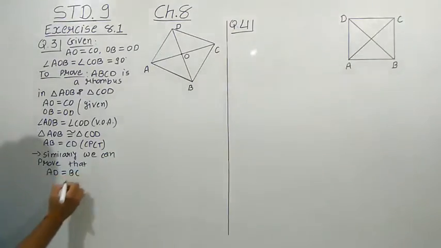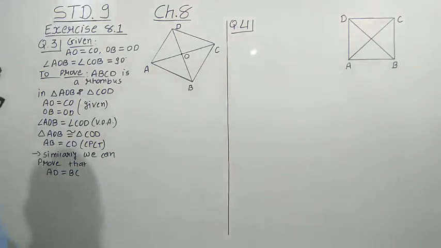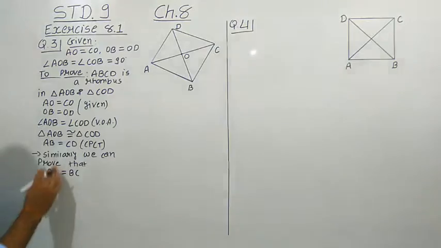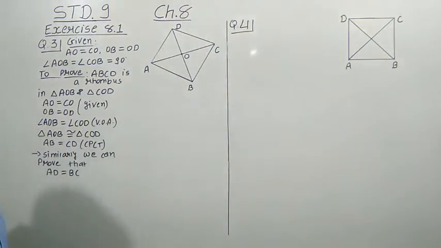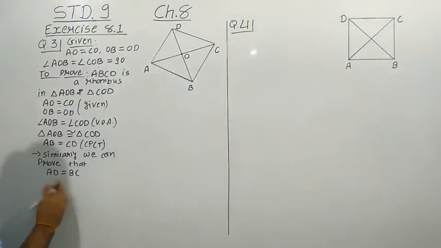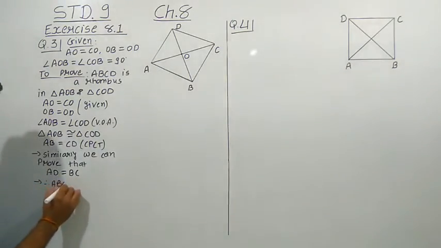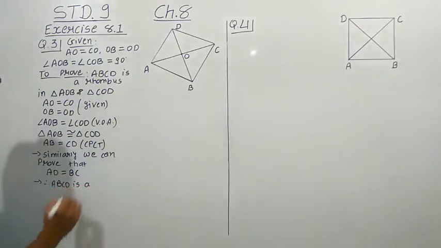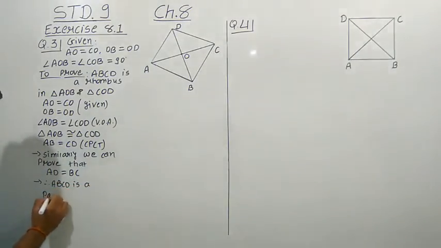So here we can say that both pairs of opposite sides are equal. See, AB is equal to CD and AD is equal to BC, and therefore we can say that ABCD is a parallelogram.